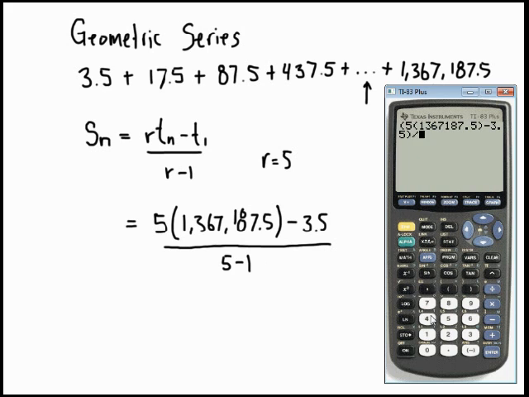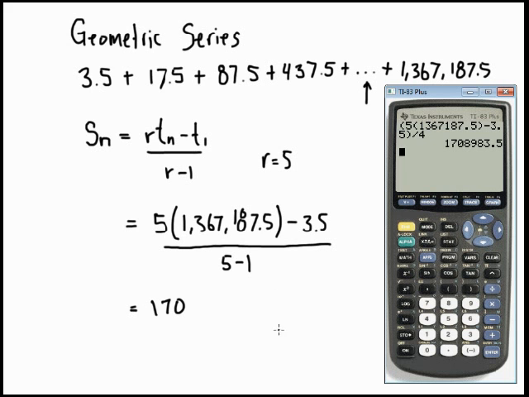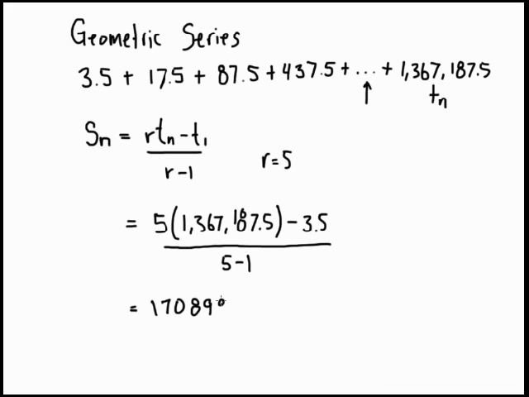So divided by 4, enter, and now we've got 1,708,983.5. So the sum of all these terms, including the ones we don't know, is equal to 1,708,983.5.